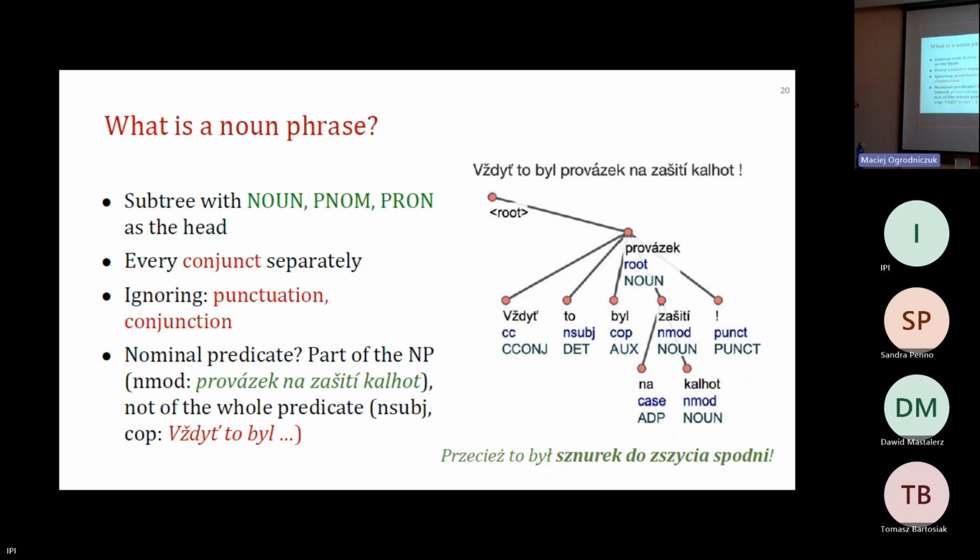If there would be something dependent on provázek, which would have the function of a conjunct, of course we don't want that. So we take on the top level only the conjuncts themselves, not the whole coordination. We ignore punctuation, conjunction, nominal predicate. So that's what I told you.